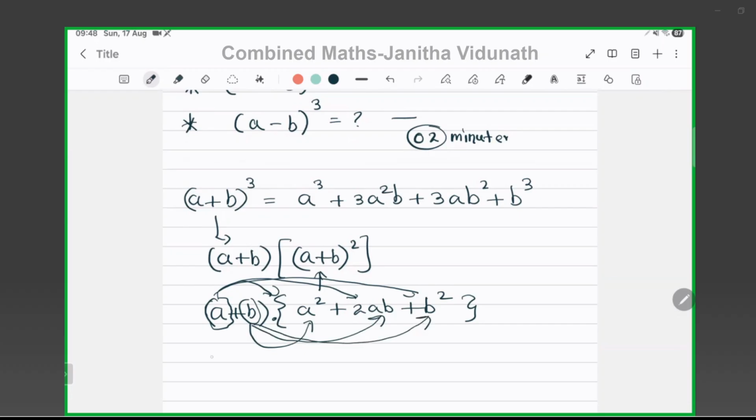Then we get a cube plus 2 times a square b plus a times b square, and plus a square b plus 2ab square plus b cube.